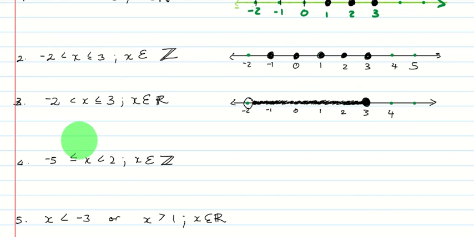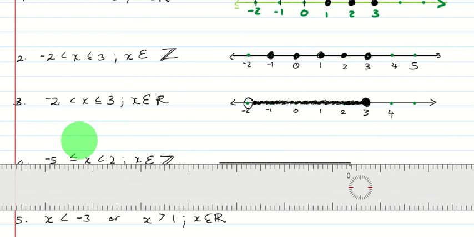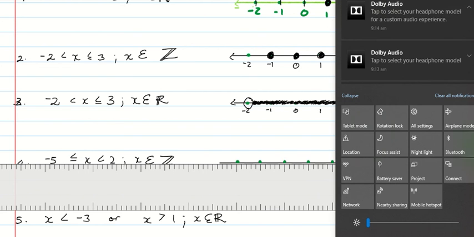So now once again, I go to my ruler, I draw my line, I calibrate my line. Do my calibration, that will be -5, -4, -3, -2, -1, 0, 1, 2, yeah. And then what's happening now?